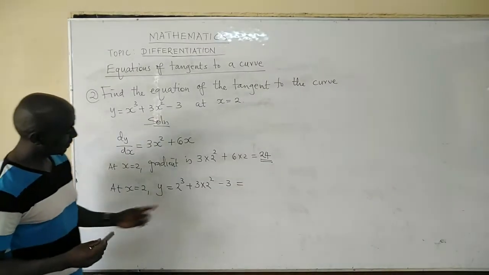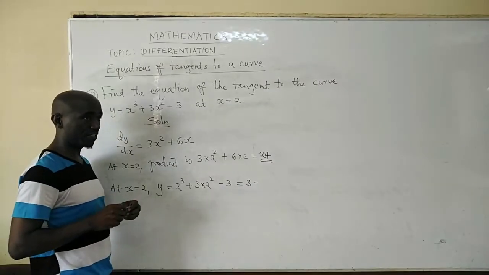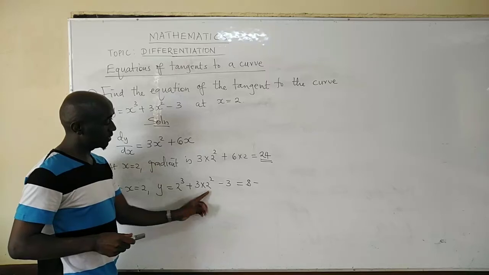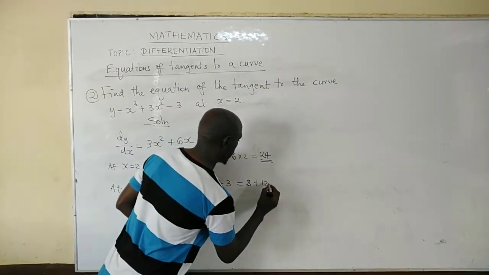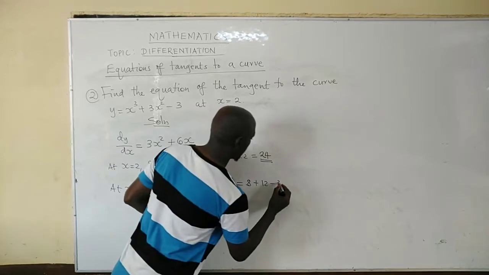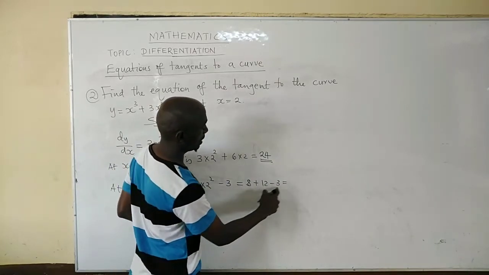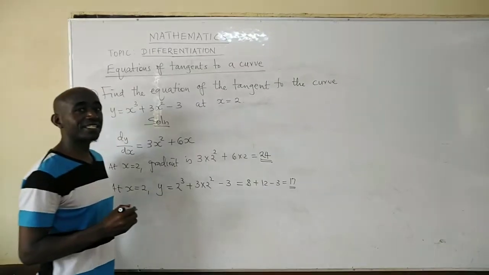So 2 power 3, remember, is 8. Plus 3 times 2 squared is 3 times 4, which is 12. Then minus 3. That gives you 8 plus 12 is 20. Minus 3, 17. So the y coordinate is 17.